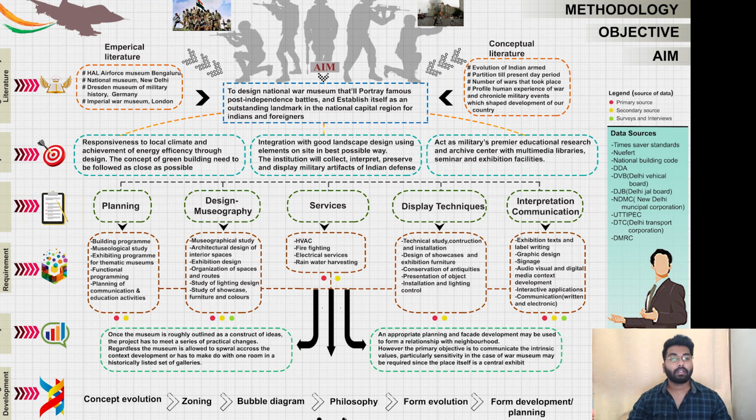Under the conceptual literature: evolution of the Indian Armed Forces, the number of wars that took place in Indian history, profiling the human experience of war, and chronicling military events which shaped the development of our country.